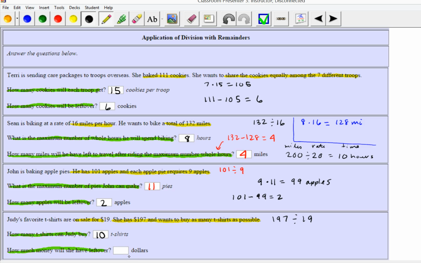Well, 10 shirts at $19 a shirt is $190. And we're assuming taxes added in already, and we don't have to worry about that. So she has $197. Spending $190 on the shirts, so the difference is $7 that she'll have left over.